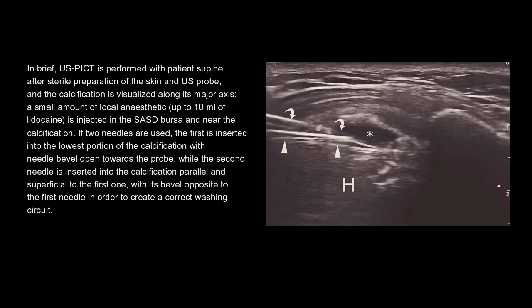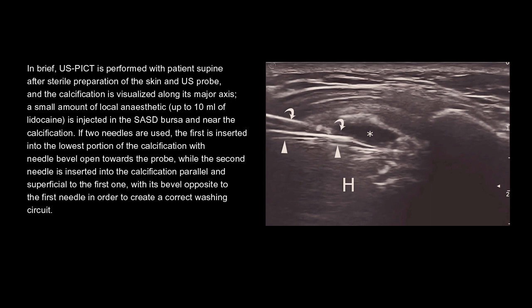In brief, US-PICT is performed with patient supine after sterile preparation of the skin and US probe, and the calcification is visualized along its major axis. A small amount of local anesthetic, up to 10 ml of lidocaine, is injected in the SASD bursa and near the calcification.